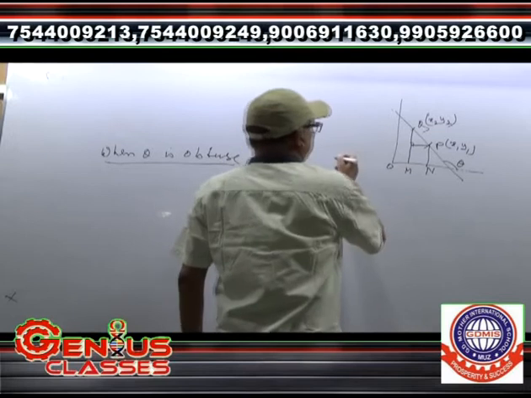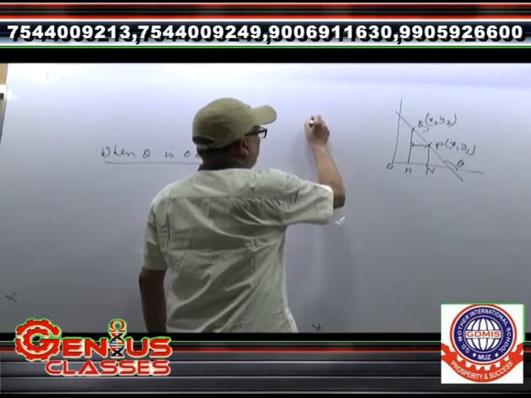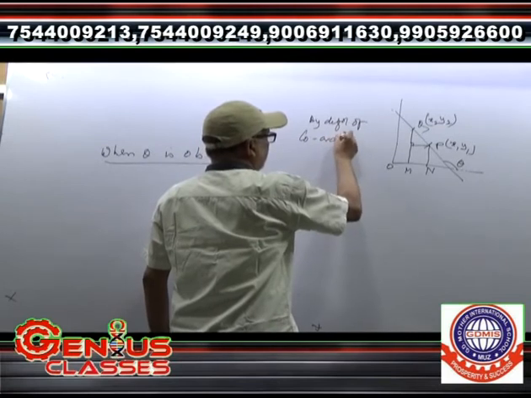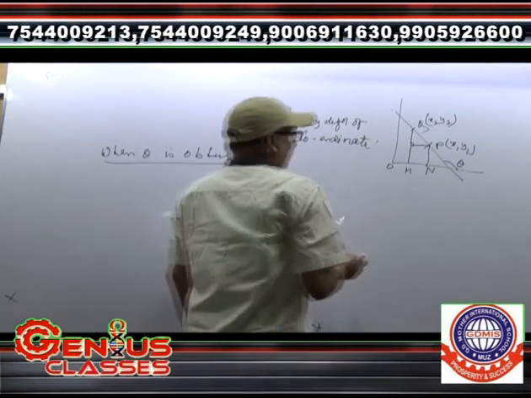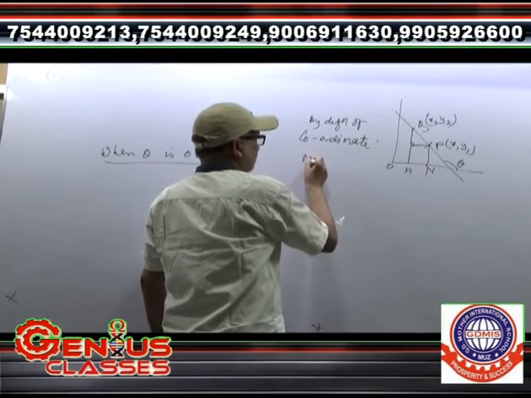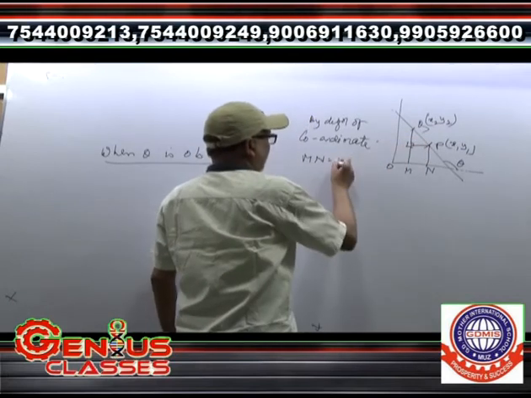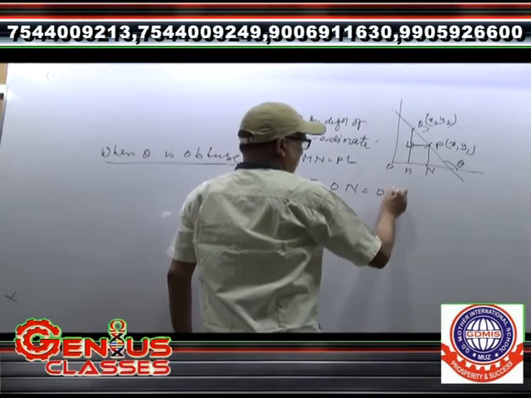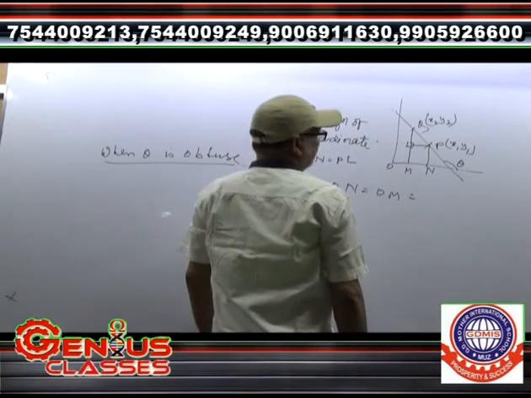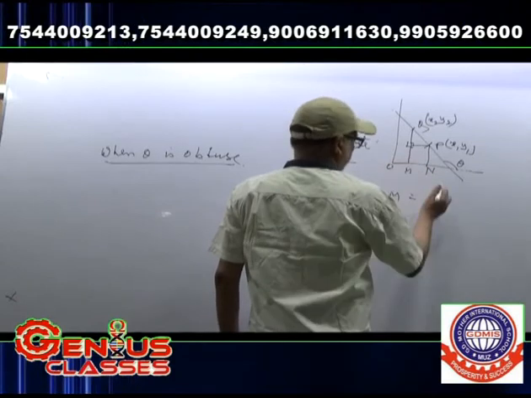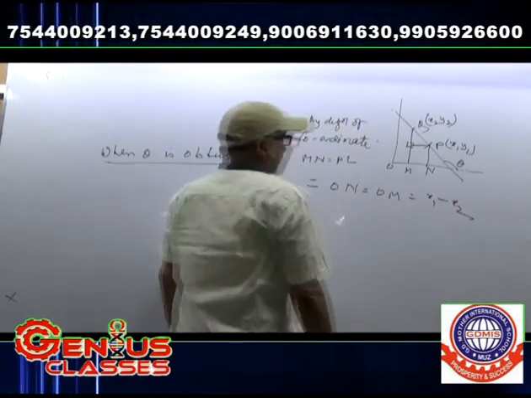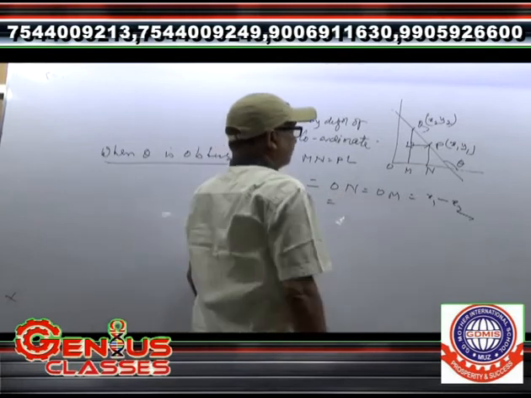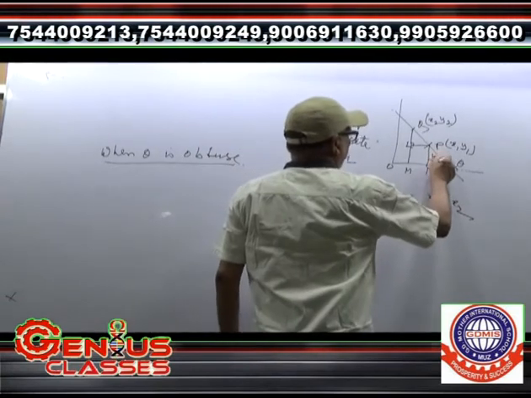तो by the definition of coordinate, MN is equal to PL is equal to ON minus OM is equal to X1 minus X2, and QL is equal to... ये y1 है, ये भी y1 हो जाएगा.